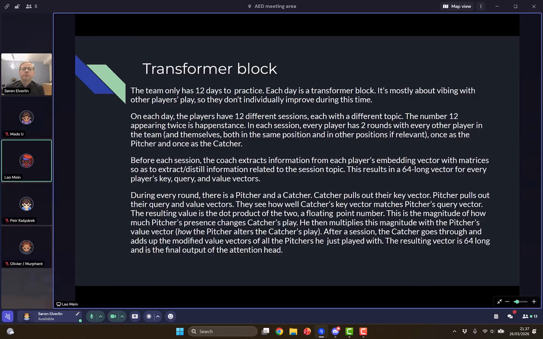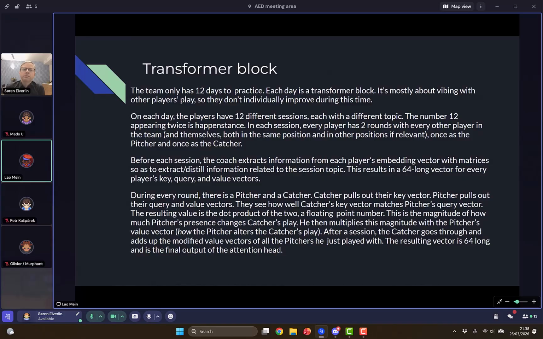So it could be something like speed, which could be related to leg length, age, muscle mass, stuff like that. It could be pitch speed, which has other variables related to it. But yeah, you pull out key, query, and value vectors, all 64 long, from each player's 768 long embedding vector.